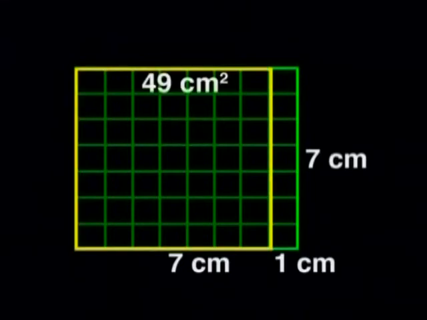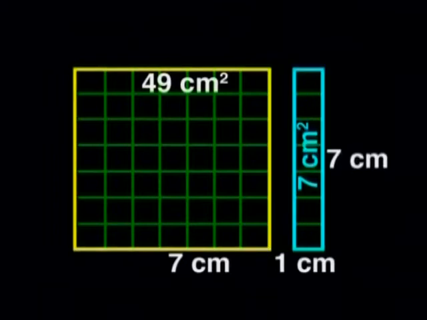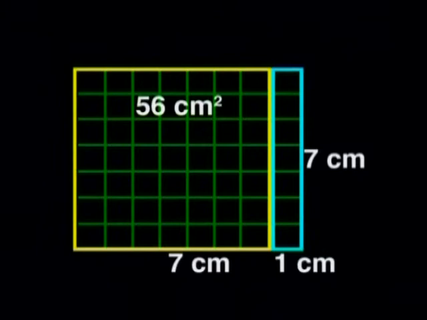That means that here we have 7 times 7, which is 49 centimeters squared. And here we have 1 times 7, which is 7 centimeters squared. And to get the final answer, we add 49 and 7, and the answer is 56. Now we'll do the same thing a different way.